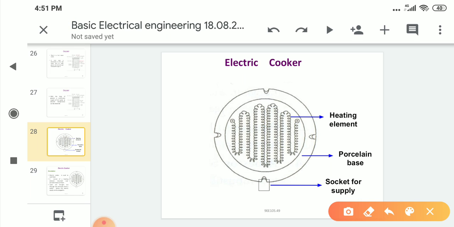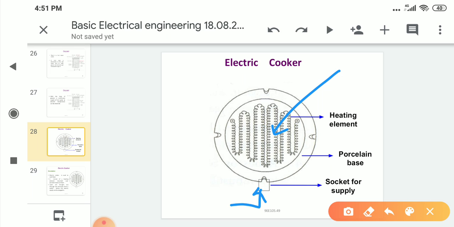See, this is a heating element. It is made with nichrome. This is our socket. When we switch on the supply, electrical current flows through this heating element. Then what will happen? It becomes extremely hot and produces heat. Overall, what is the principle here? The working principle is converting electrical energy into heat energy.